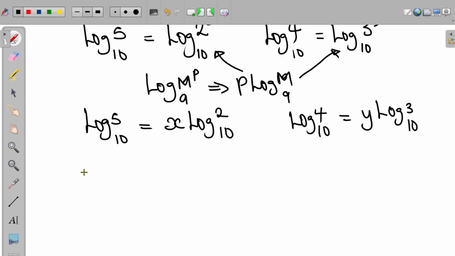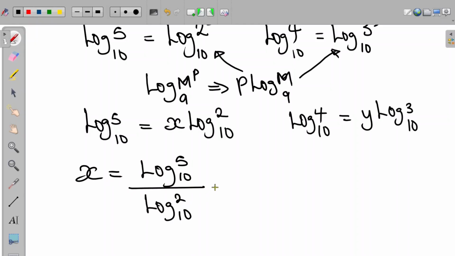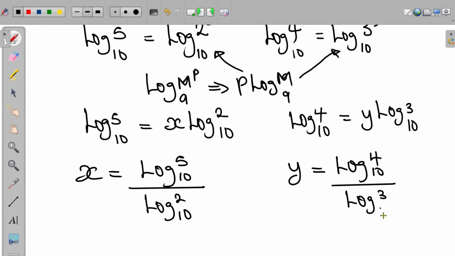At this point, we have x equal to log 5 to base 10 divided by log 2 to base 10. And also, if we make y the subject, we have y is equal to log 4 to base 10 divided by log 3 to base 10.